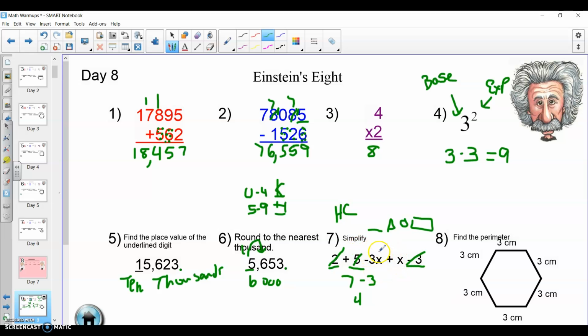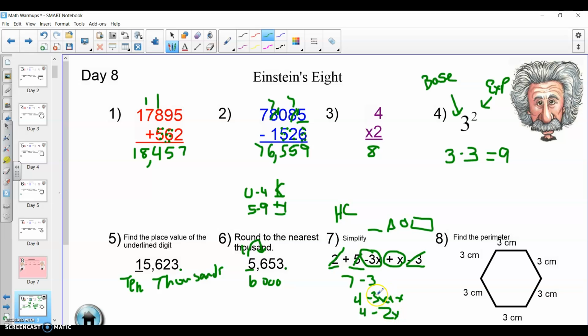But before we do this, tell me, is 3x and x similar or like? Yes, they are. They have the same variable. So I'll put a circle around those, which means I can combine those. So I have a negative 3x plus x. In theory, I can combine these, and that's going to give me a 4 minus 2x.